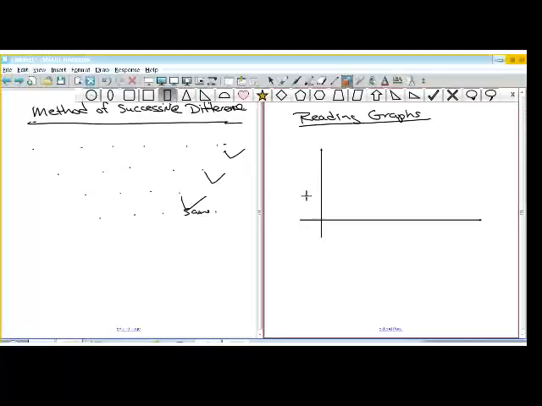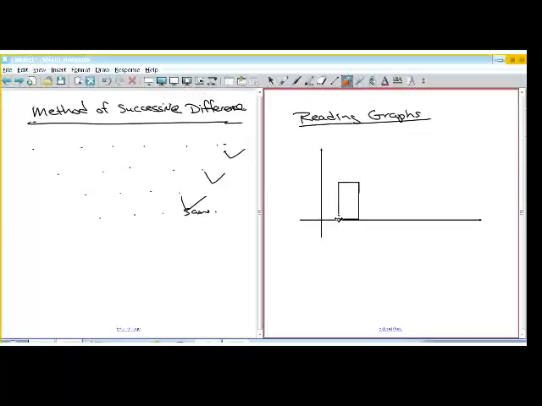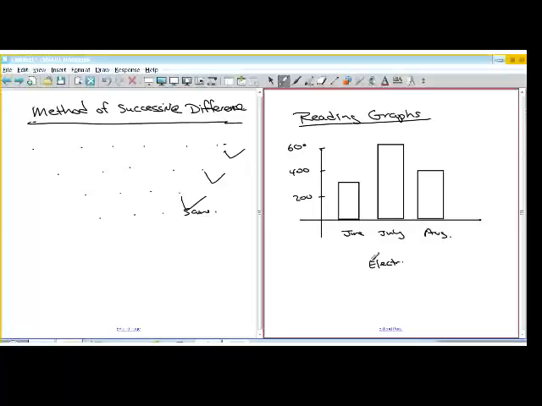So you'll see something like this, and there'll be just some bars. Let's say it's 3 bars just to make it simple, but there'll actually be more than that. And if I were to put some units over here, and let's say this is June, July, August, and this is something like electricity usage.